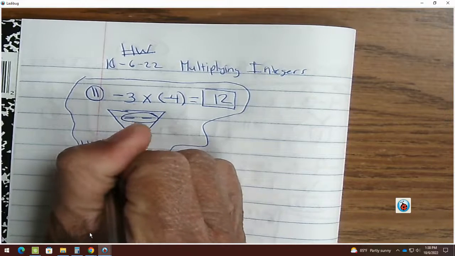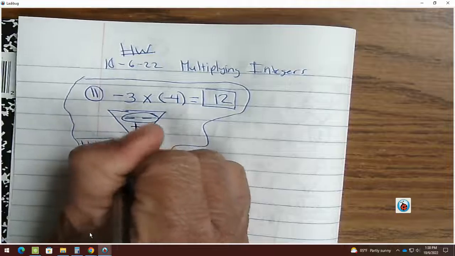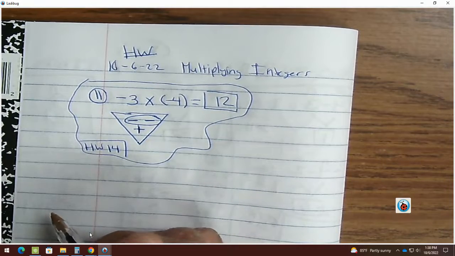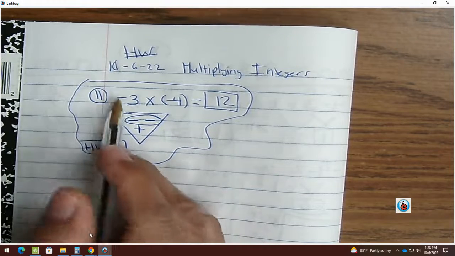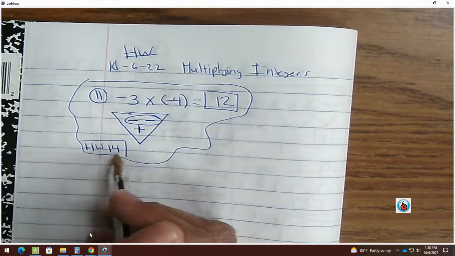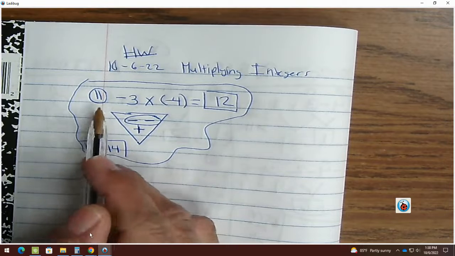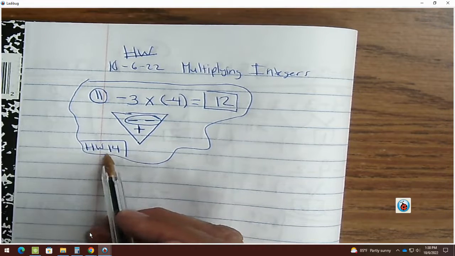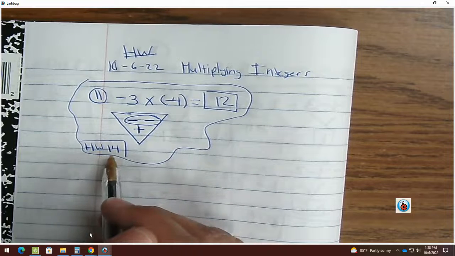Now, for homework, you're going to do number 14. Now, why did I put 14 with 11? Because it's the same kind. So if I'm at home and I don't know what to do with number 14, you can go look at the video of number 11, which I'm recording right now, and check what I did so I can do the same thing in number 14. La número 14 es para tarea.